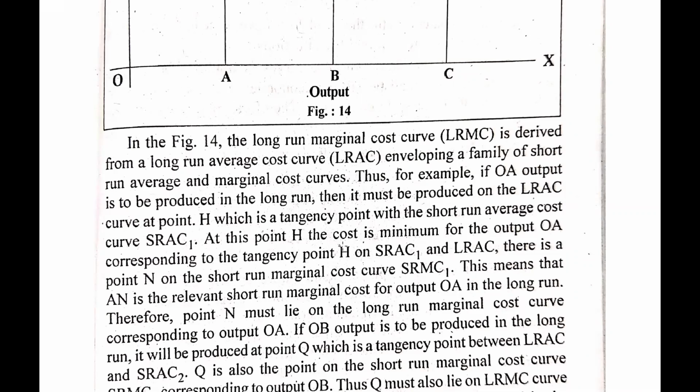At this point H, the cost is minimum for the output OA. Corresponding to the tangency point H on short run average cost 1 and long run average cost, there is a point N on the short run marginal cost curve. This means that AN is the relevant short run marginal cost for output OA in the long run.